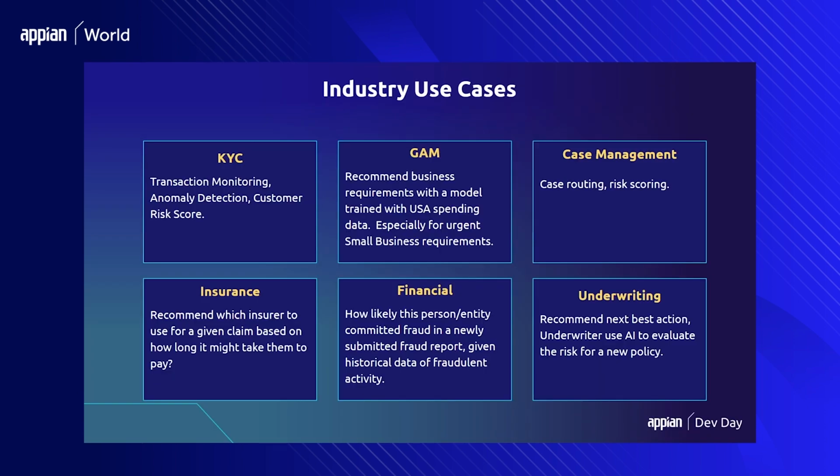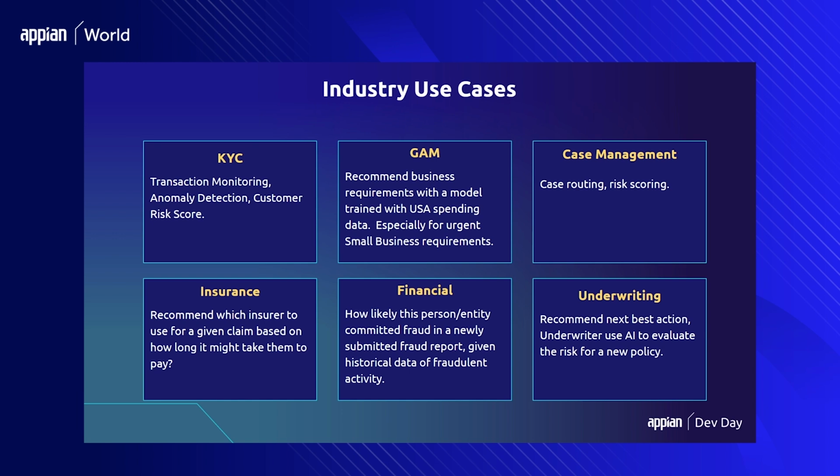So let's look at some common industry use cases. For banking, KYC, know your customer, anomaly detection, customer risk score, it's a very common one, using a prediction score. For insurance, recommend which insurer to use. And interesting, this one looks at how long it might take. So it matters.